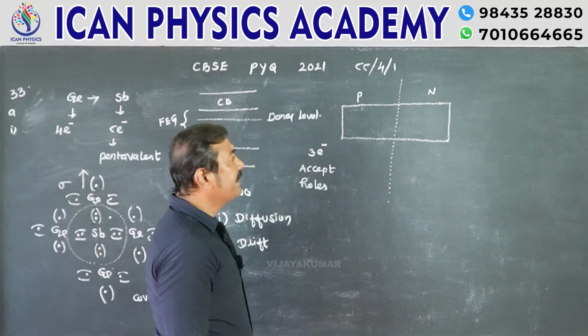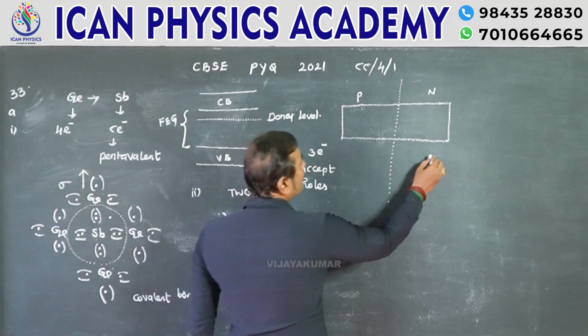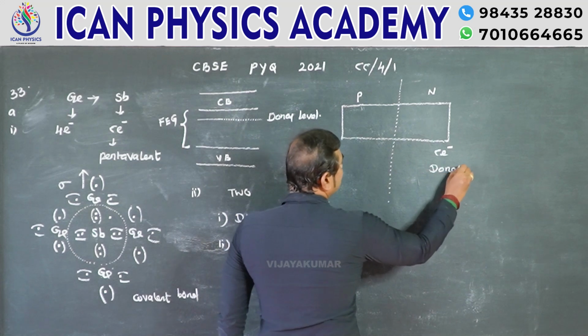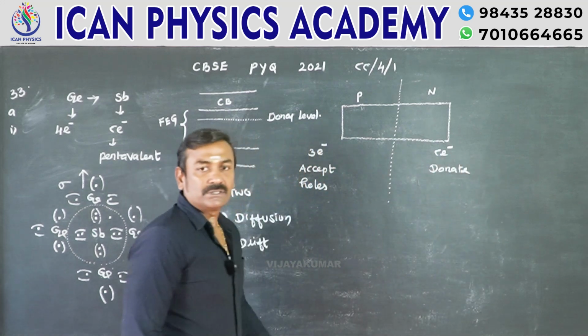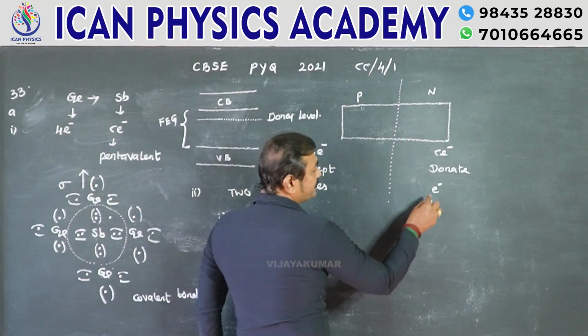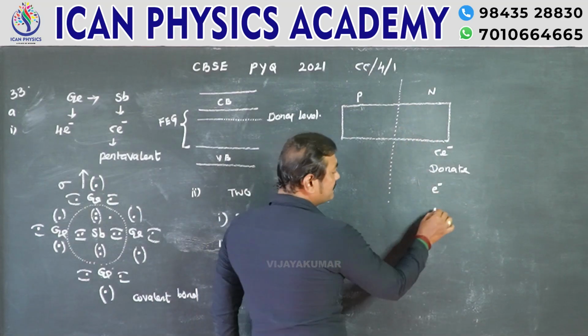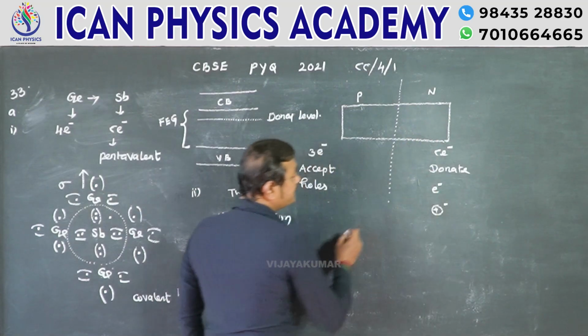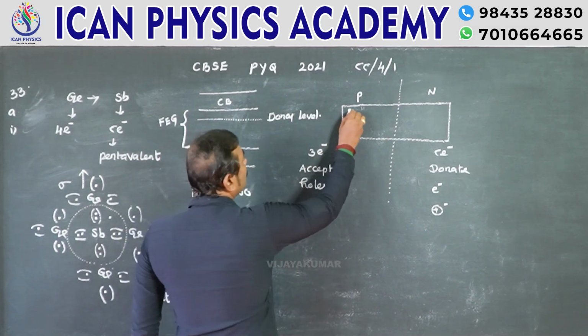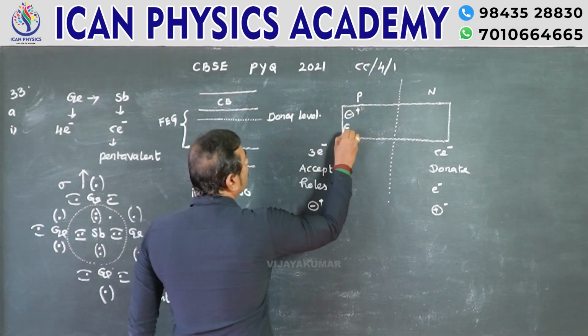On the other hand, in the N region we have 5 valence electrons, ready to donate, so there is an excess of electrons.